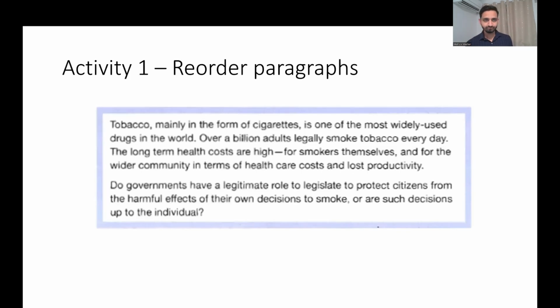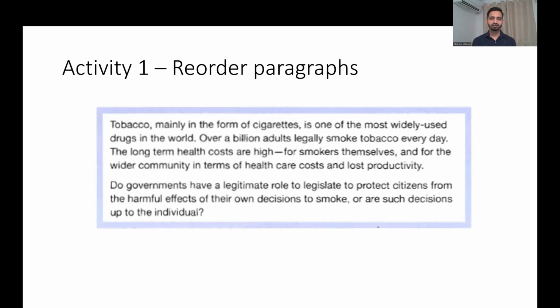Now let's look at our second activity, or activity number 1, a reorder paragraph, right? Let's look at this prompt first. Tobacco, mainly in the forms of cigarettes, is one of the most widely used drugs in the world. Over 1 million adults legally smoke tobacco every day.